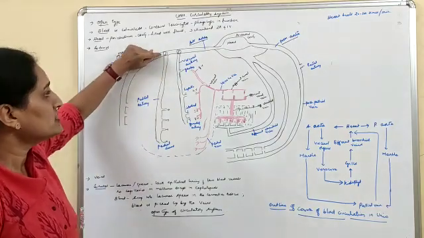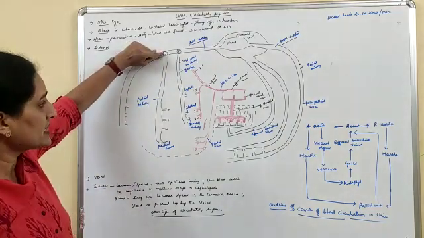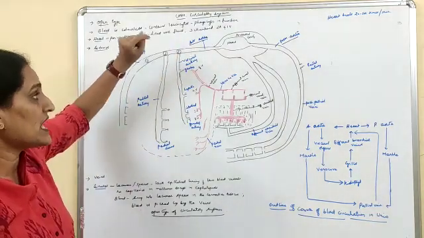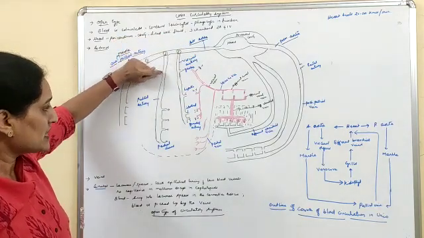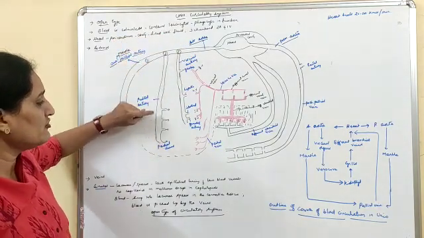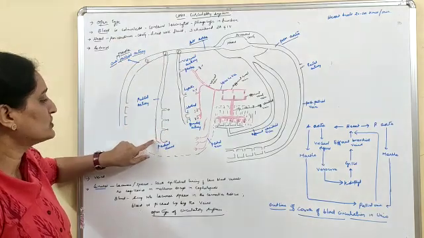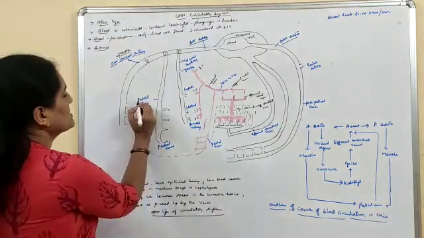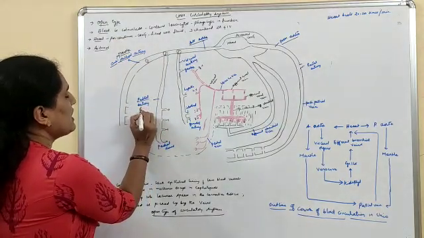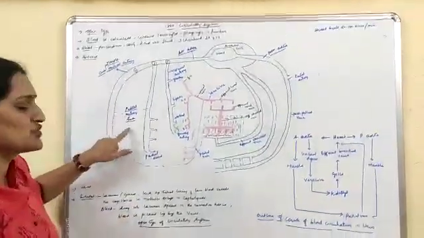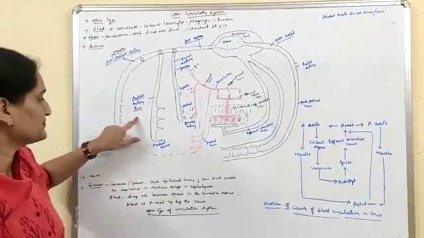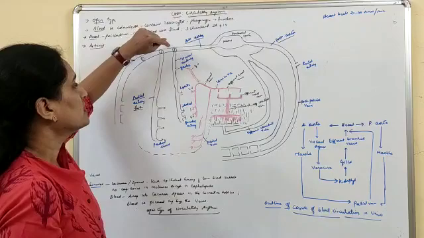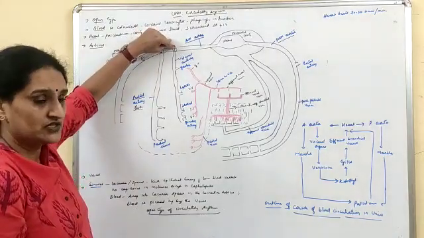The second branch of this main anterior aorta supplies blood to the foot, and hence it is called the pedal artery because it supplies the foot region. Now the third branch.